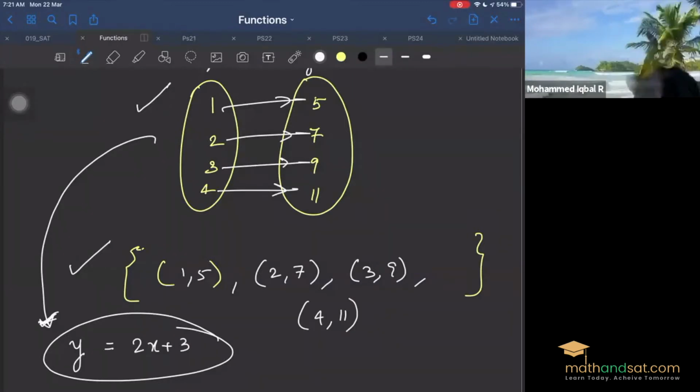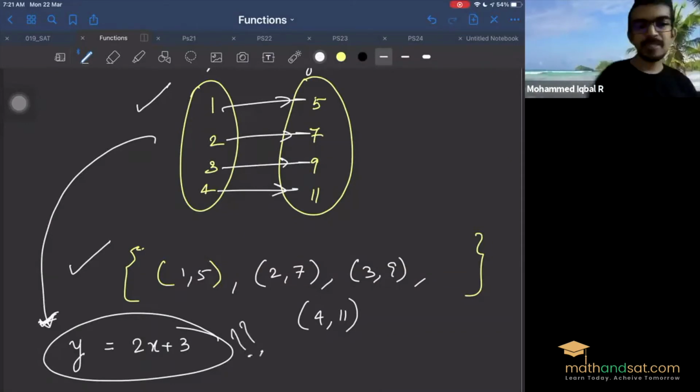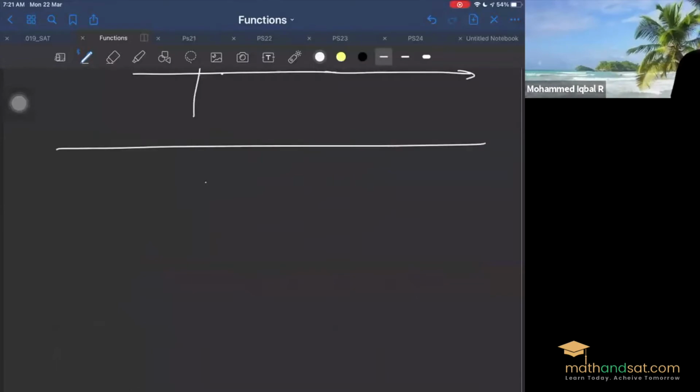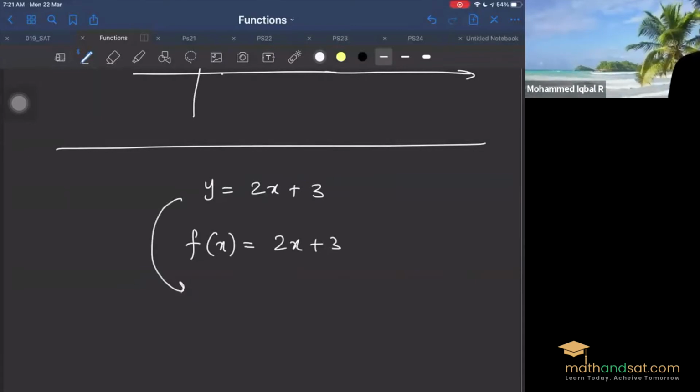Yes, it does, right? Now, how did I arrive at this expression? These are typical questions, and I'll teach you how to arrive at this expression soon. So this is another way to represent a function. You can write y is 2x plus 3, or f of x is equal to 2x plus 3, or 2x minus y plus 3 is equal to 0.